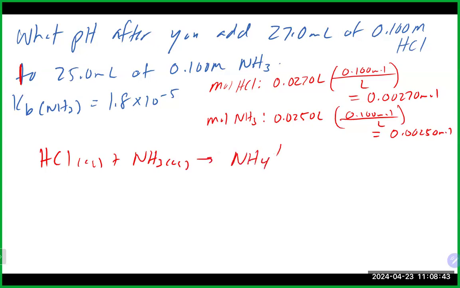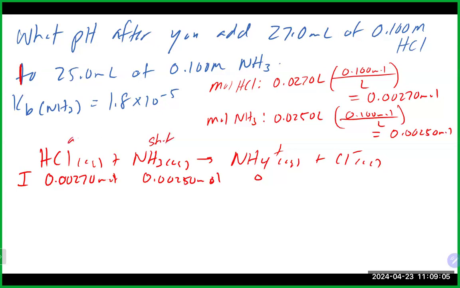We will have our reaction, our HCl and our ammonia, making our ammonium chloride basically. I am again just going to keep them separate. Initially here, HCl, we got 0.0027, for NH3 0.0025, and 0. Again, we're starting with this guy. We're adding.